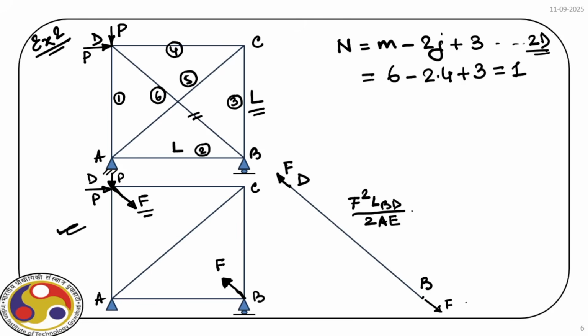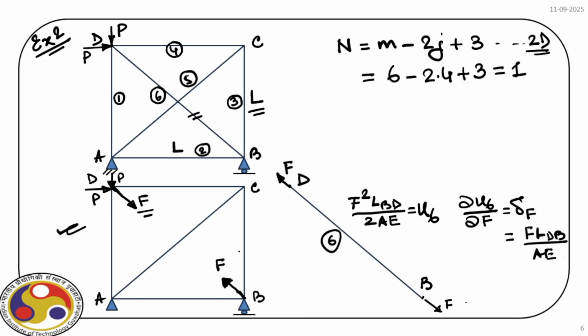And that will be exactly same if we differentiate this quantity with respect to F. So the displacement of the member, say this is the member 6, U6, if we differentiate with respect to F, is delta of F. And this we can write, it is F L DB divided by AE, right.